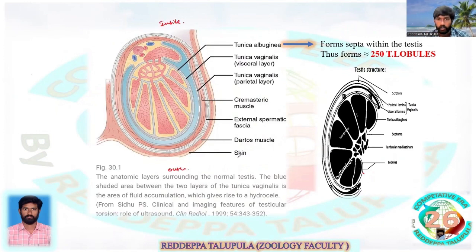The outer skin will be present, dartos muscles will be present. After that, the external spermatic fascia, after that, cremaster, then tunica vaginalis. Tunica vaginalis is also divided into 2 types. The outer tunica vaginalis is the parietal layer, and the innermost one of tunica vaginalis is the visceral layer, and inside that there will be tunica albuginea. Inside that there will be tunica vascularis.